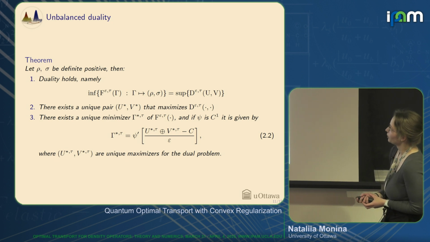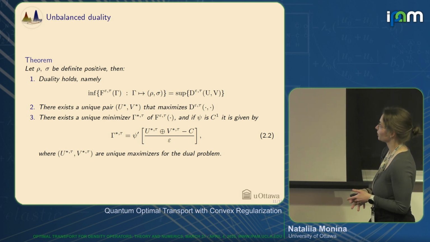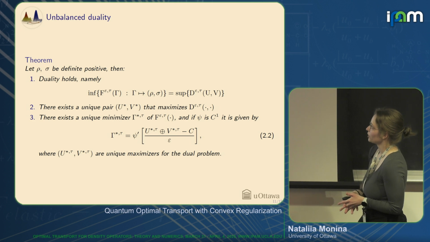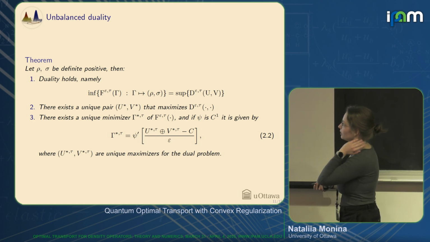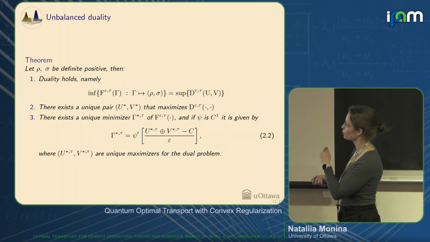All right, so here is another big theorem that we had. If rho and sigma are positive definite, again for simplicity, we show that duality holds, so the inf is equal to the sup.